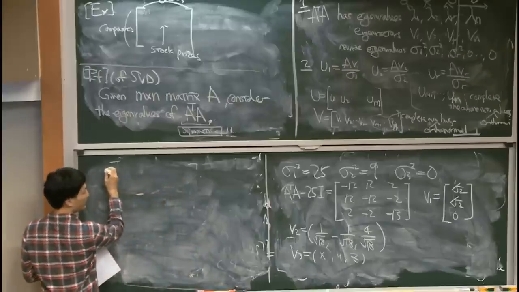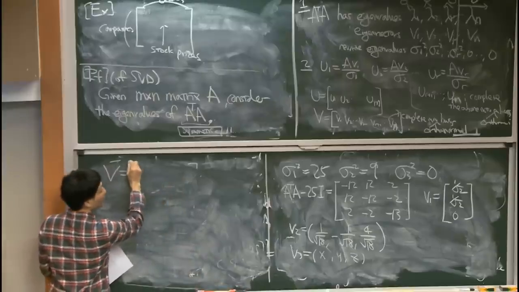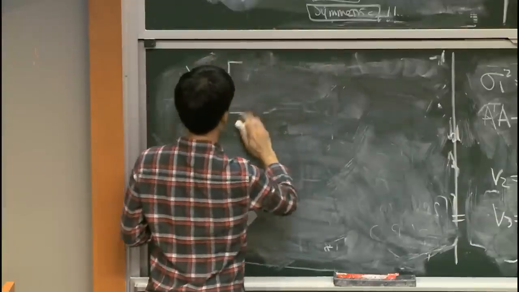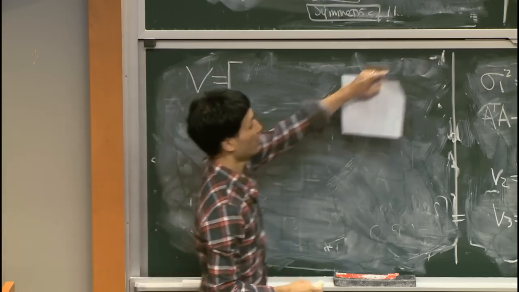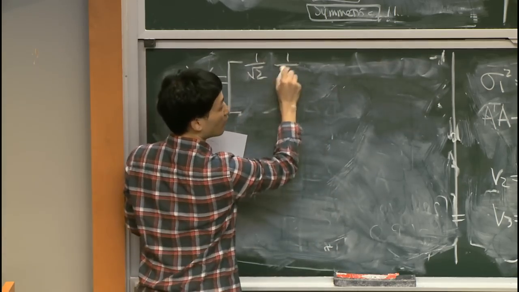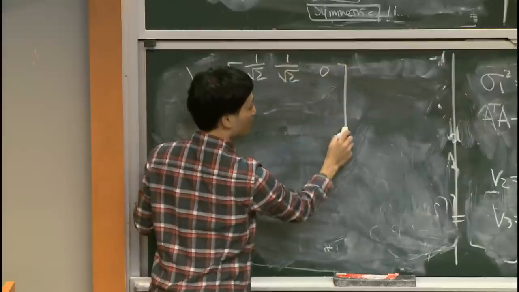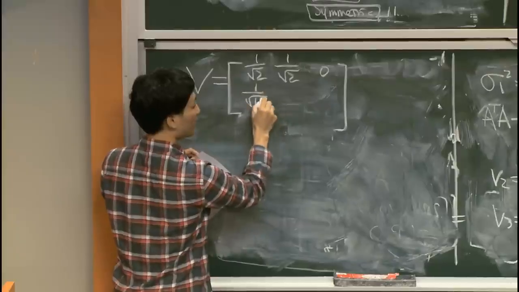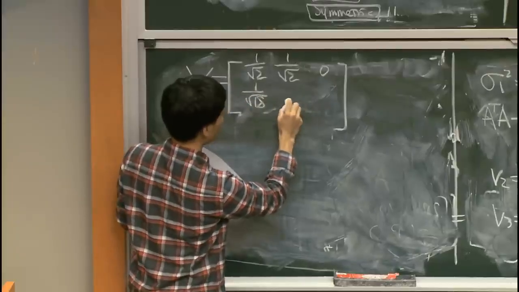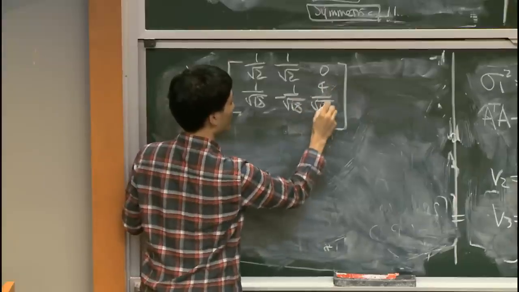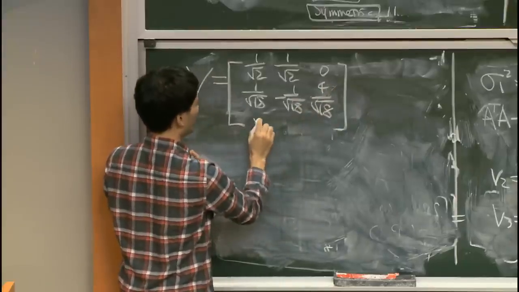Then our V, as written above, actually there it was transposed, so I will transpose it. It will be 1 over square root 2, 1 over square root 2, 0. v2 is that, so we can write 1 over square root 18, negative 1 over square root 18, 4 over square root 18. And here just write x, y, z.